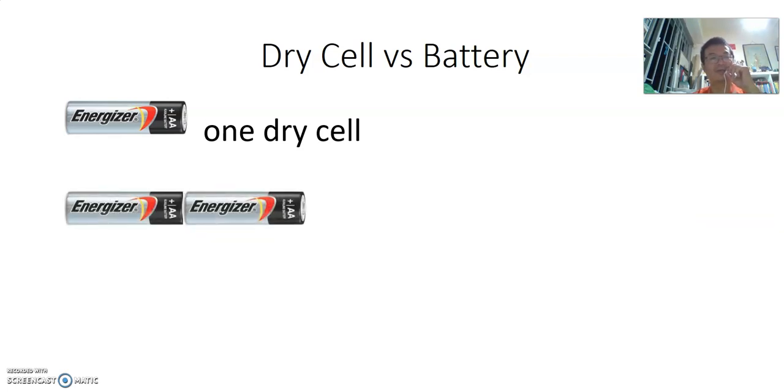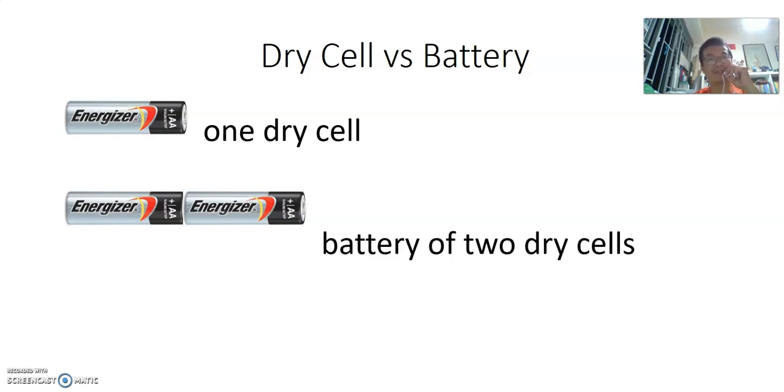Now, when we have two dry cells put together, if we connect them, whether in series or parallel, and they provide energy supply to the circuit, we call it a battery. So this is a battery of two dry cells.